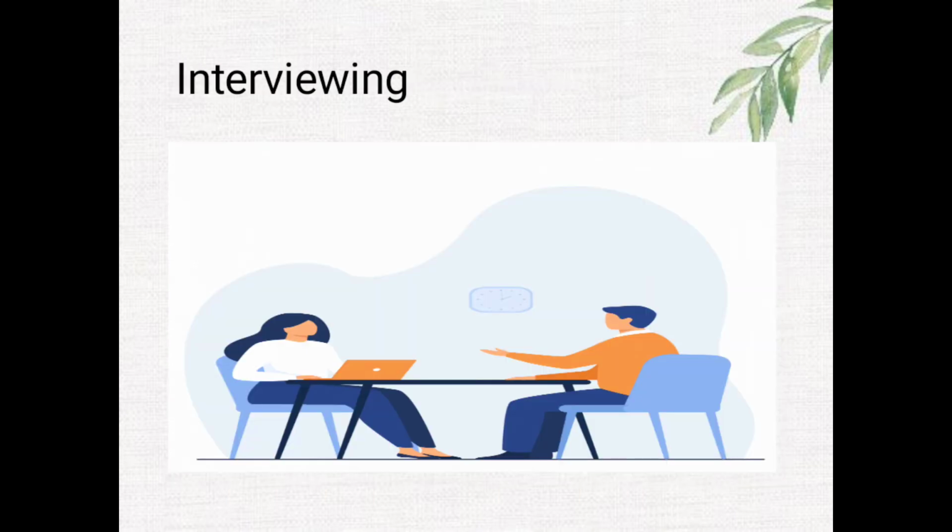Next one would be interviewing. Alright, for this interviewing, it seems like you are also giving them an activity related to role playing. Since this is done in pairs, you can ask the first student to be the human resource manager of a company, while the second would be an applicant for the job position.